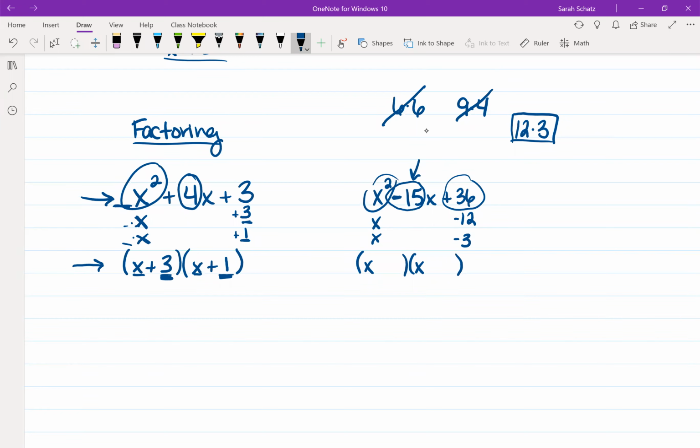I think it is. And when I add negative 12 plus negative 3, I get what I'm looking for in the negative 15. So not only did I have to pick through multiple options of factors, I also had to think about the sign that I was putting on those factors. So this is going to be x minus 12, x minus 3.